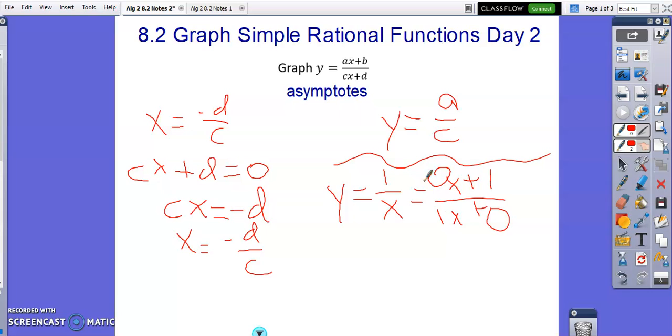So see how this is really the same thing we were graphing yesterday, just written in a more complex form. Well, now if we focus on the a over c, that would be this 0 over 1. And 0 divided by 1 is 0, and sure enough, that's the same as the asymptote we saw yesterday. So that's just some background info there about how what we're graphing today and what we graphed yesterday are related to each other. Let's go ahead and try our first example.